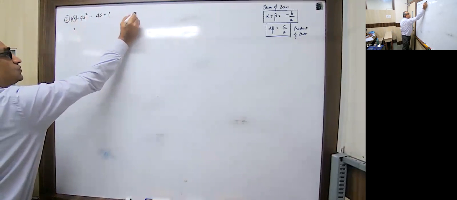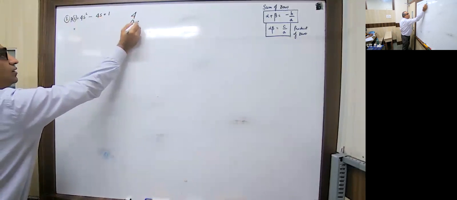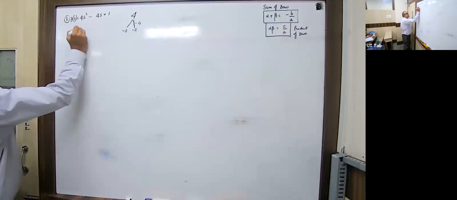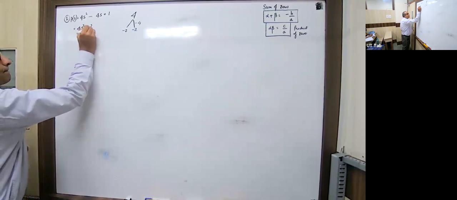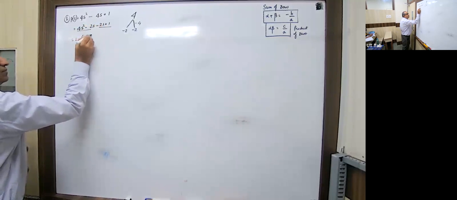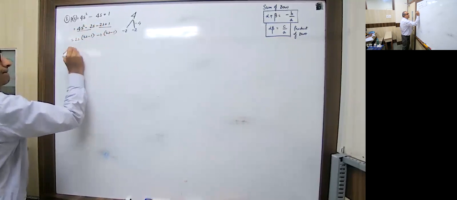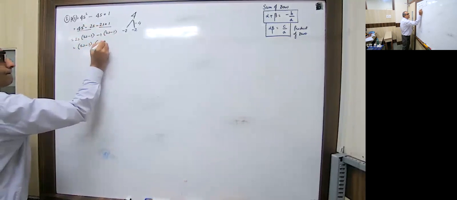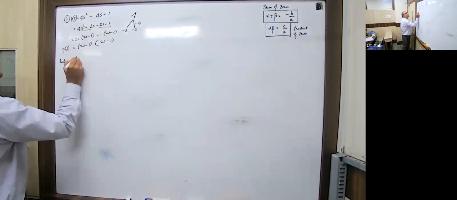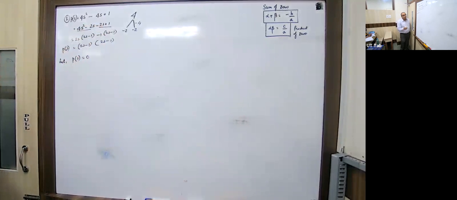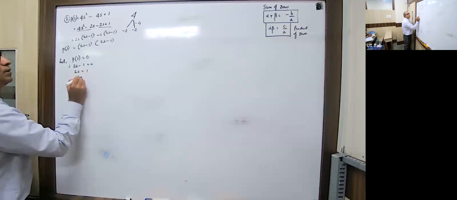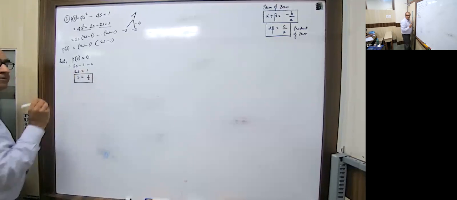I'm going to use splitting the middle term. 4 ones are 4. Correct? Two s. Both the zeros are same. Let P of s be equal to 0. Correct?